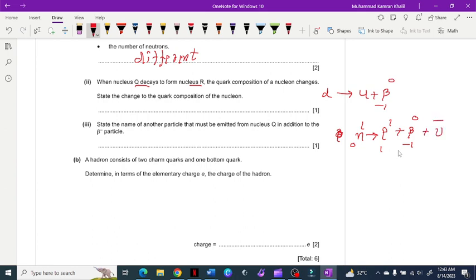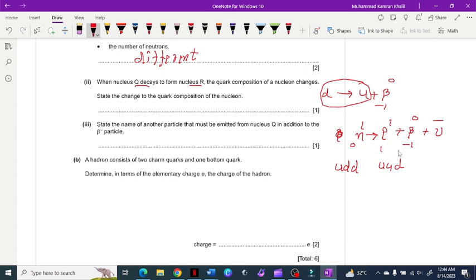Then, state the change of the quark composition. You can write that a down quark will convert into an up quark, or for the neutron, up, down, down, and for the proton, up, up, down. We can write it in either way.